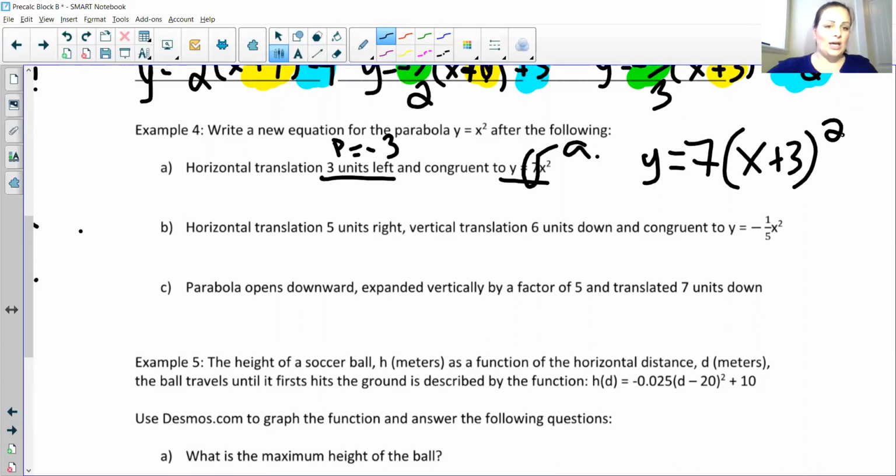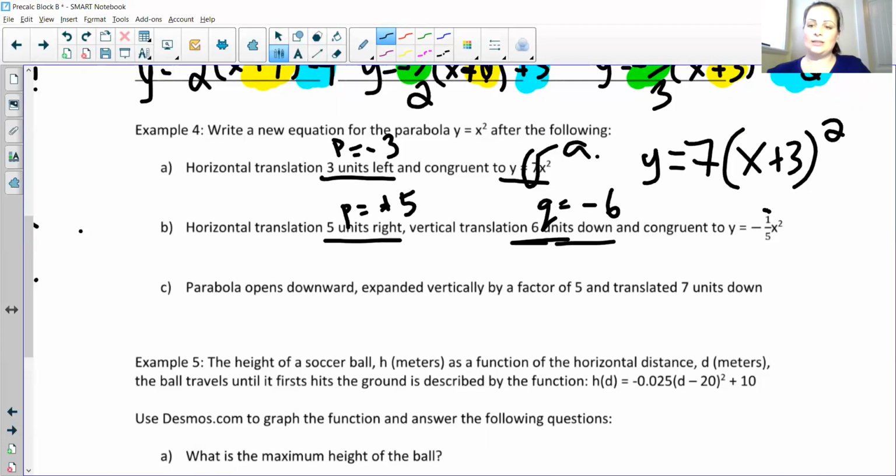The next one says the horizontal translation of 5 units to the right. So that means P equals positive 5. A vertical translation of 6 units. That means Q equals, it was 6 units down, so Q equals negative 6.